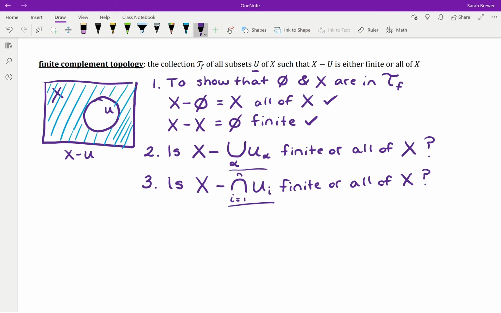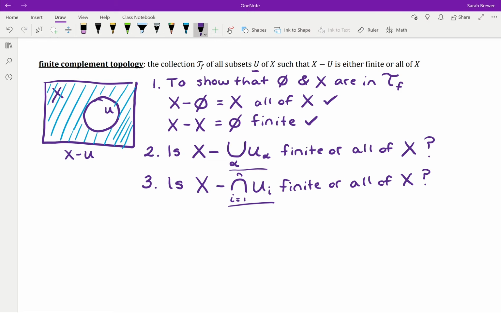And we're saying that in order for something to be in the topology, its complement has to satisfy certain criteria. So that's why in order for these unions and intersections to be in the topology, we have to check to see if their complements are finite or all of X.